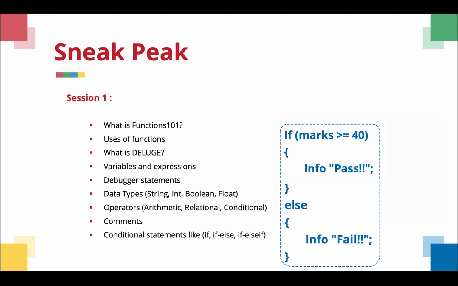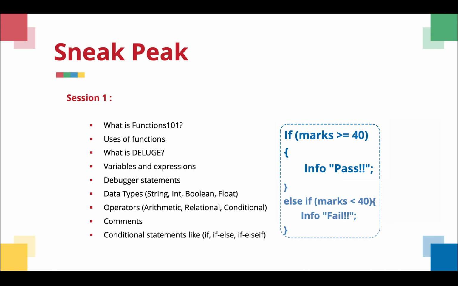If the marks are greater than 40, then display pass, else print fail. Now, if-else-if. If the student has scored the marks more than 40, yes, he's passed the exam. Or if he scored less than 40, then he's failed the exam. I hope you understand where I'm coming at.